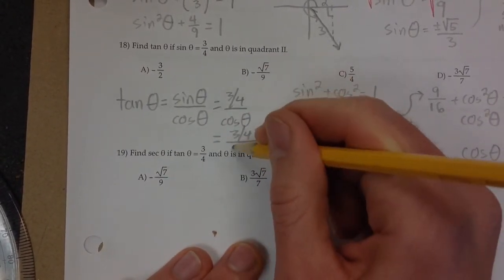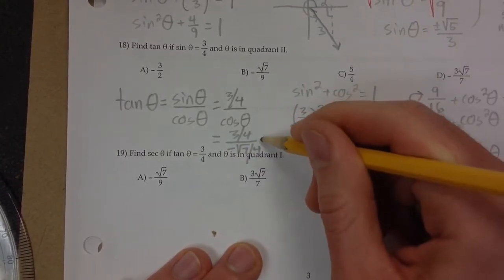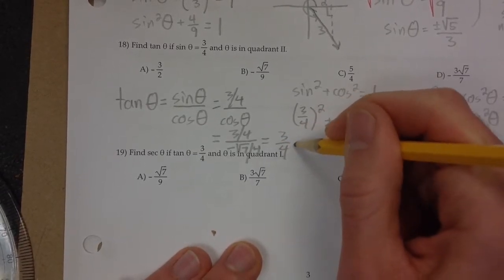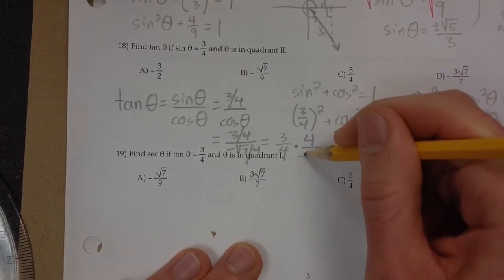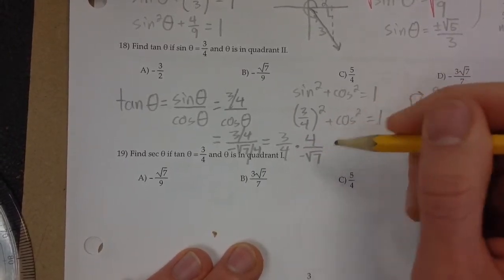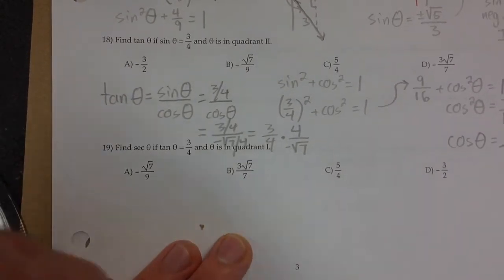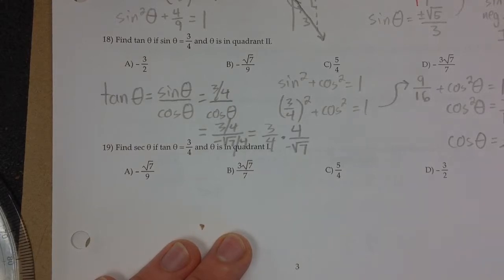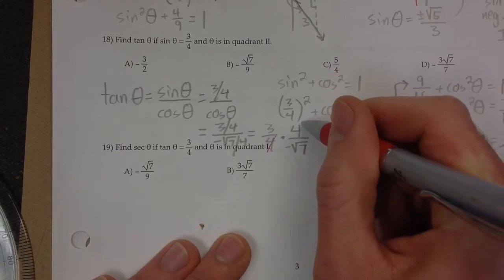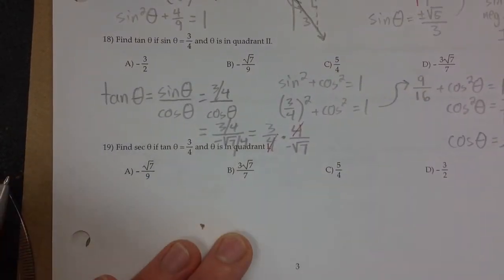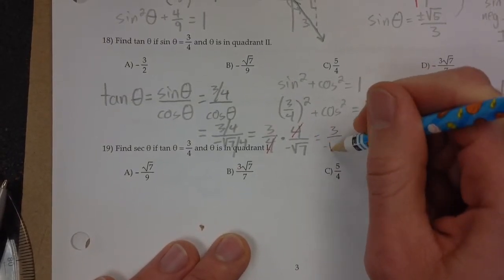3/4 over negative root 7 over 4. Multiply by the reciprocal. So 3/4 times... We have a root in the denominator. We'll fix it later. So it's 3 over negative root 7.